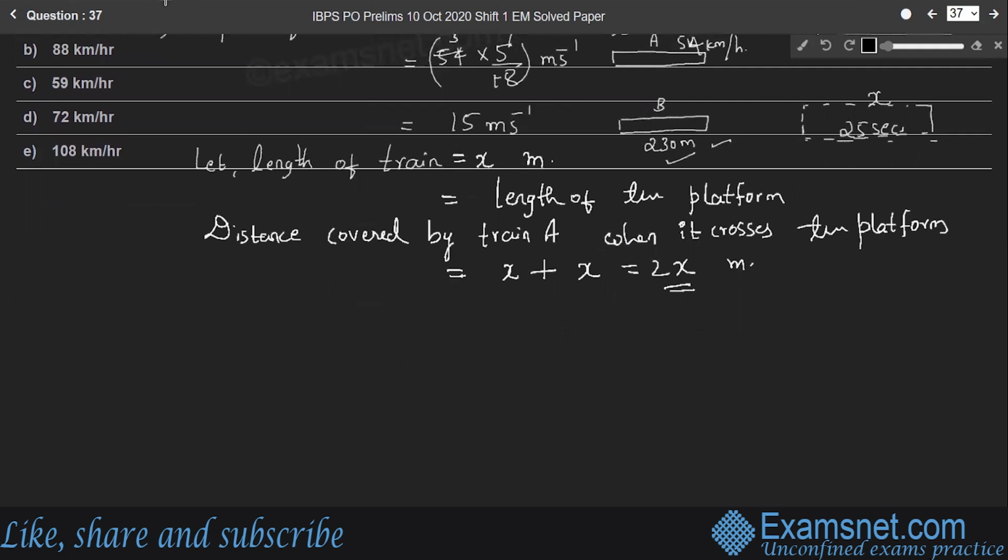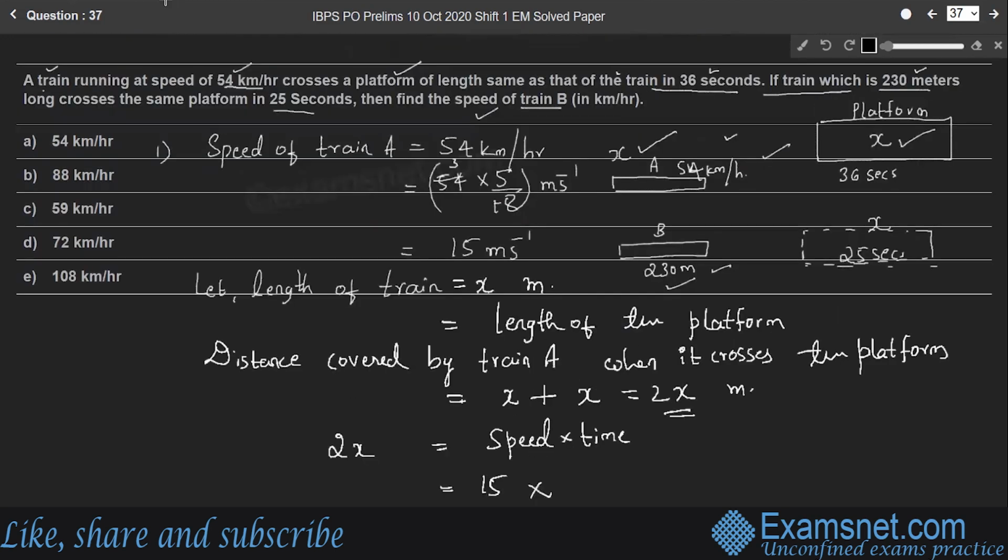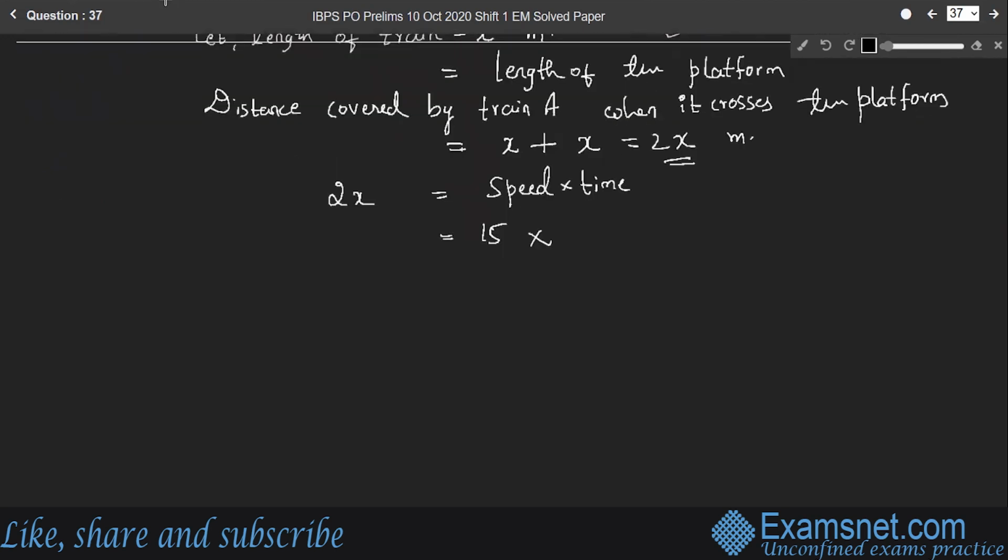So 2x is equal to speed into time. Distance is speed into time. What is the speed of train A? 15 meter per second. And it has taken 36 seconds to cross the platform. So 15 into 36 is 2x. Therefore, x is 15 into 36 by 2, which becomes 15 into 18.